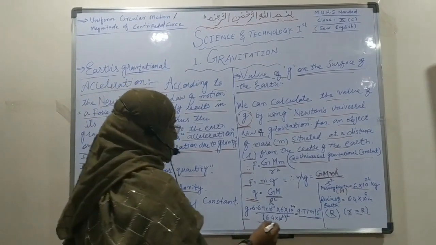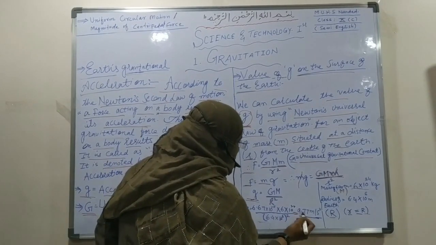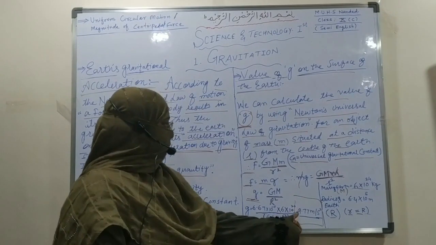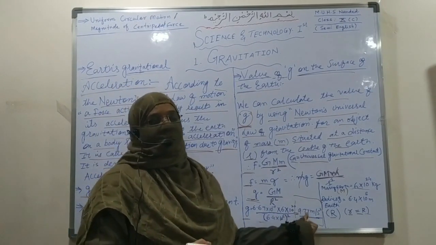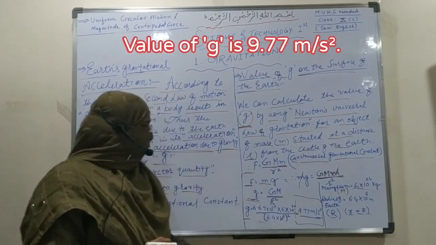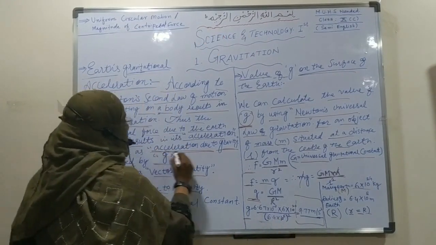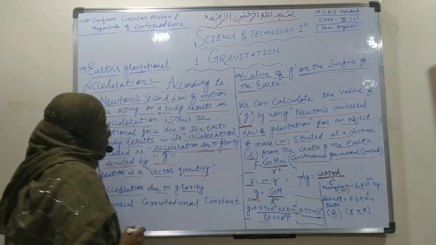By this formula we get 9.77 meter per second square. So dear students, this is the value of small g used for the acceleration due to gravity.